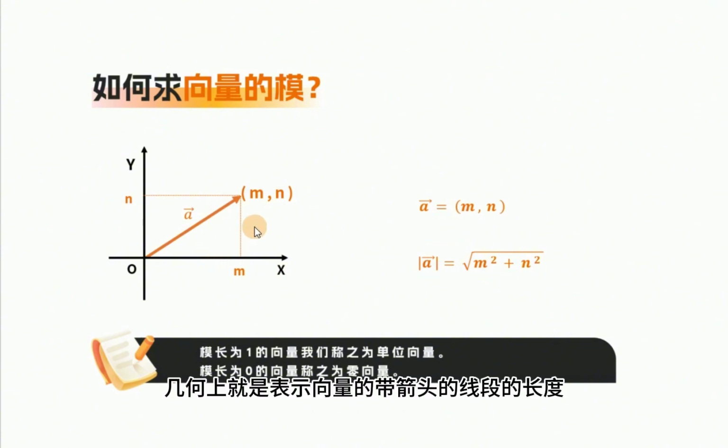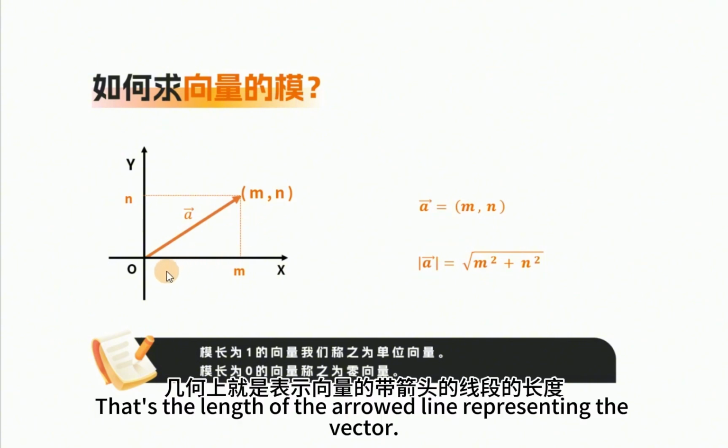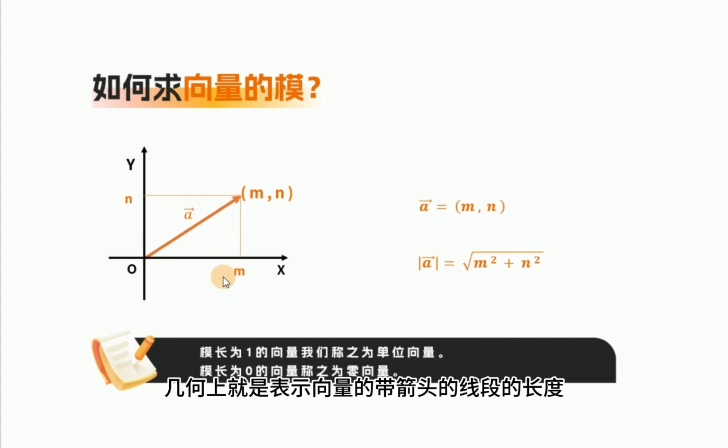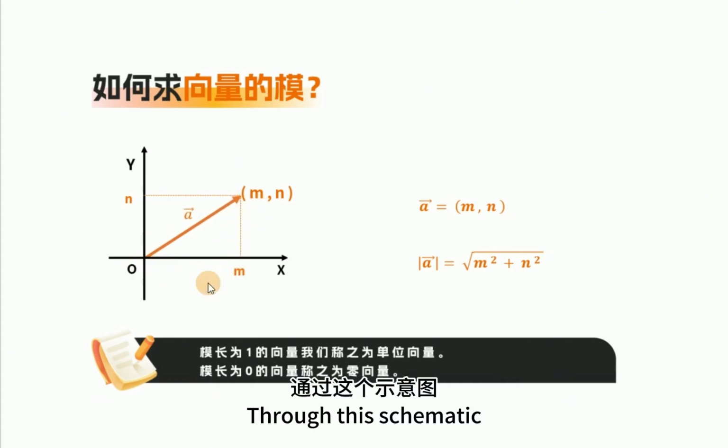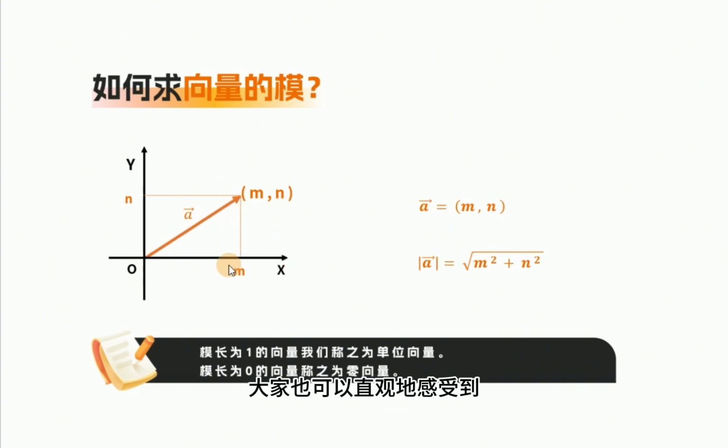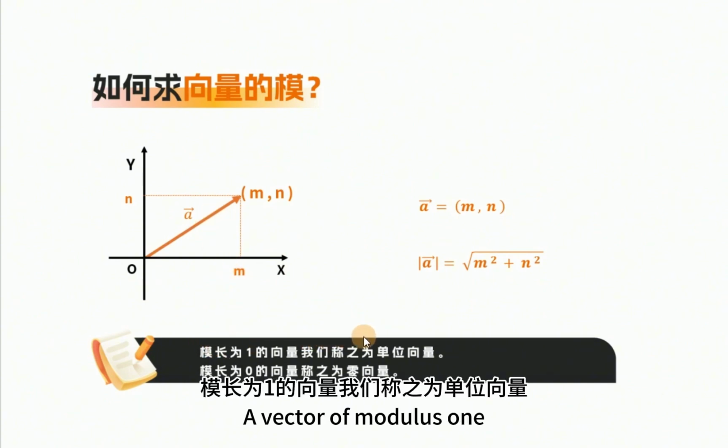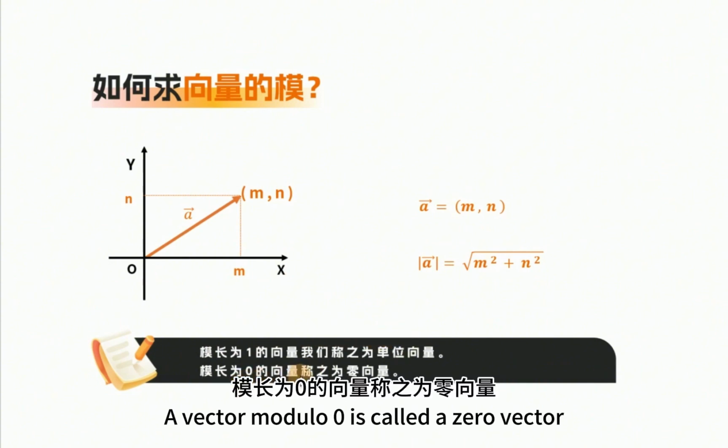Geometrically, that's the length of the arrowed line representing the vector. Through this schematic, you can also feel it intuitively. A vector of modulus 1 we call the unit vector. A vector of modulus 0 is called a zero vector.